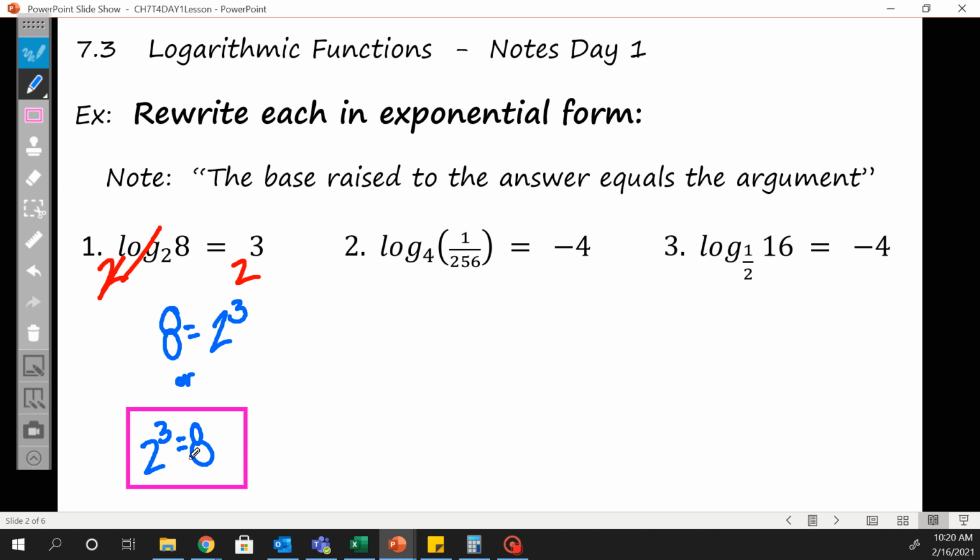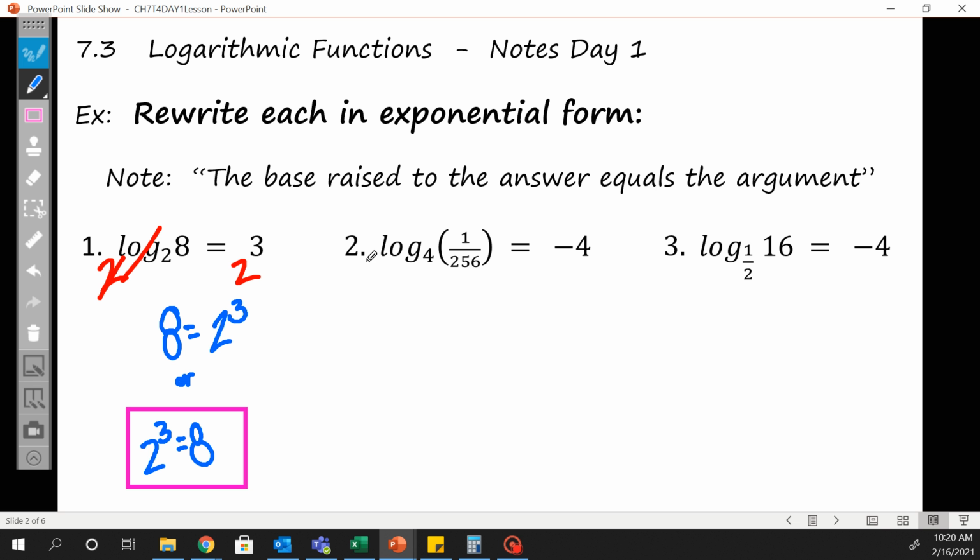I'm going to write it this way because I like to have the exponent on the left side. 2 to the third power is equal to 8. Now that's one way to do it. But if we understand the question that the logarithm is posing to us, then it's very easy to rewrite it as an exponent.